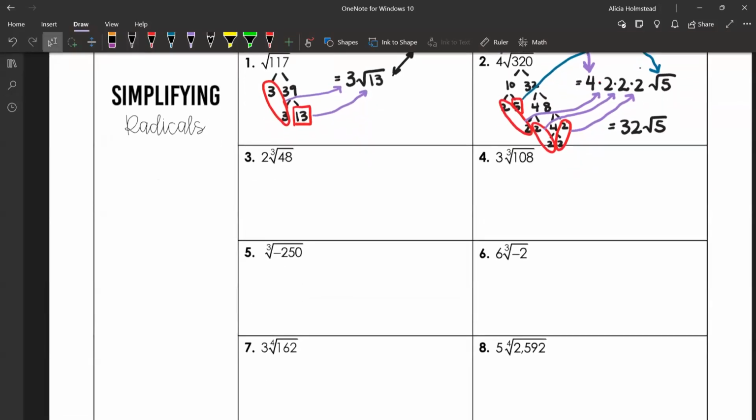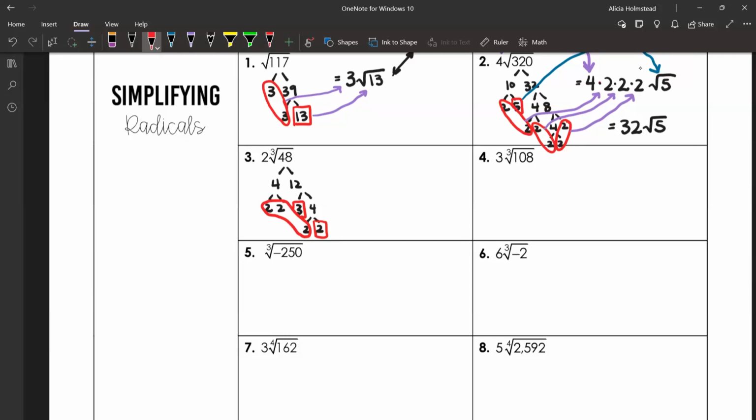Okay, another one. So let's break down 48 into its factors. 48 is 4 times 12. 4 is 2 times 2. 12 is 3 times 4. 4 is 2 times 2. Go ahead and circle the pairs. Ooh, just kidding. What's our index? Our index is 3 this time. So we're actually circling groups of 3. So we've got 3 2s, and then we've got a leftover 3 and a leftover 2.